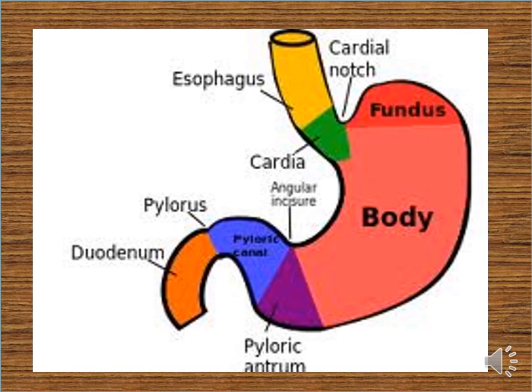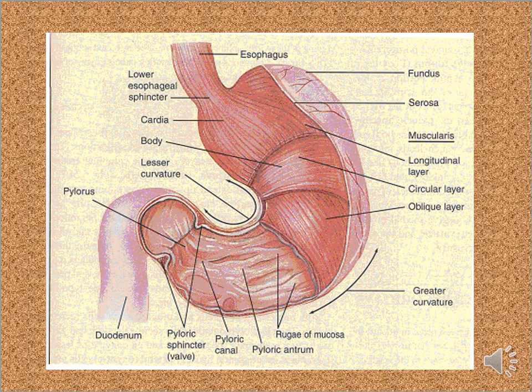The stomach is a muscular organ that consists of the body, and the upper part is the fundus that connects to the esophagus through the cardiac opening that has the cardiac notch, and goes to the small intestine, to the duodenum, through the pyloric antrum, to the pylorus, that lets the food go to the small intestine. The layers of the stomach, from inside, are the mucous membrane that has rugae of mucosa, and the muscular layer of smooth muscle that is oblique, circular and longitudinal, covered by a serous membrane, the peritoneum.